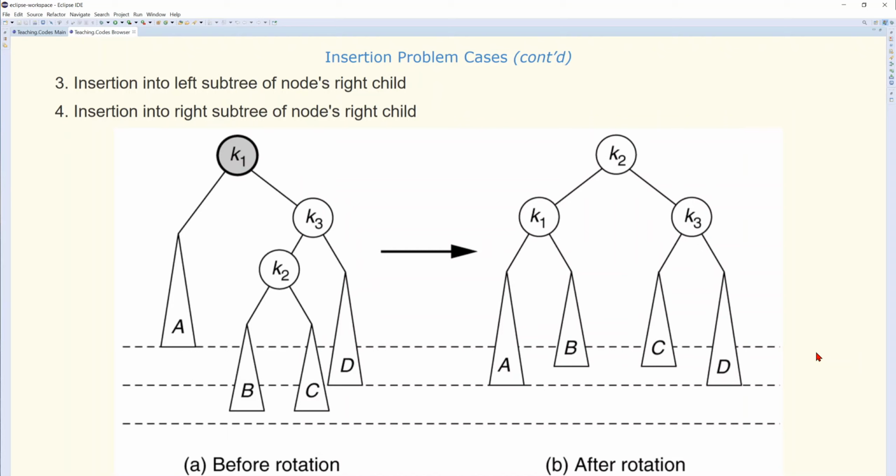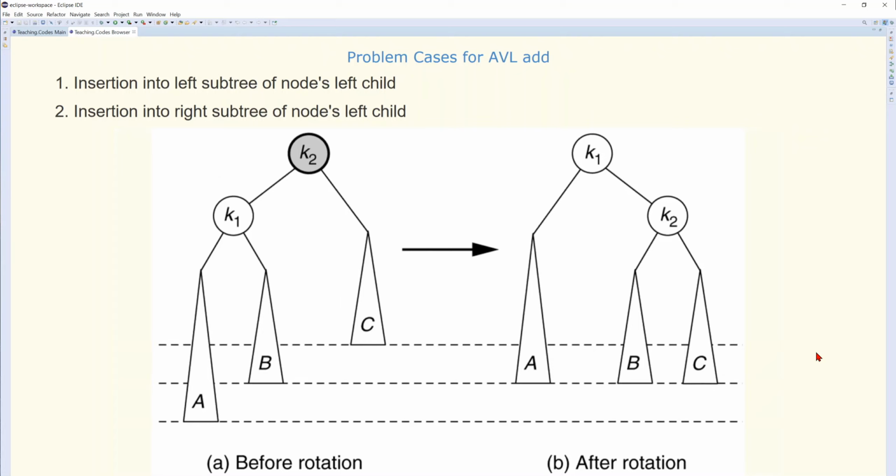However, for the cases of 2 and 3, the problem is more difficult.